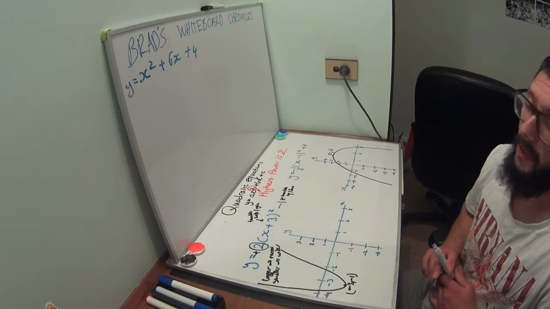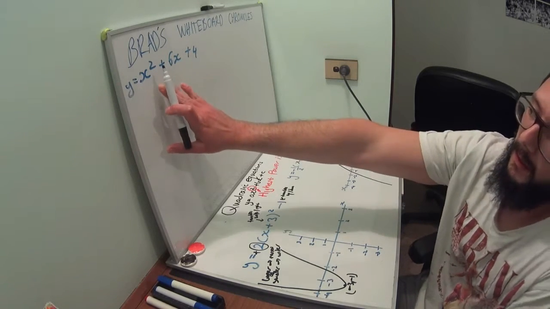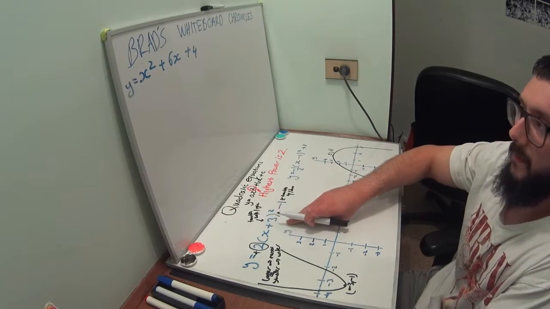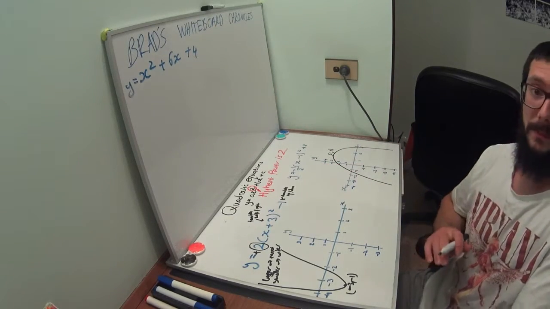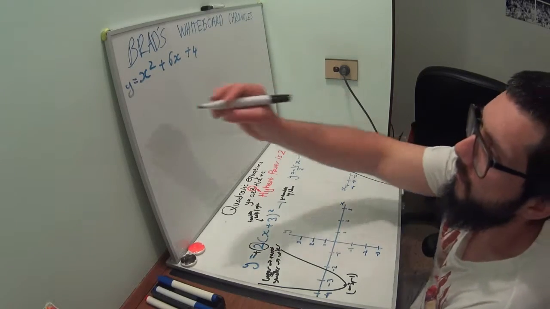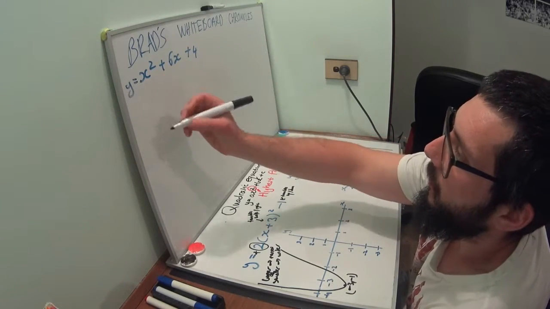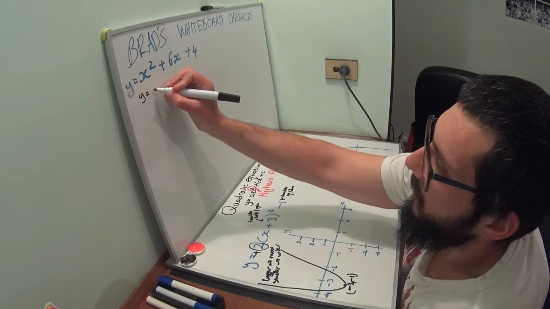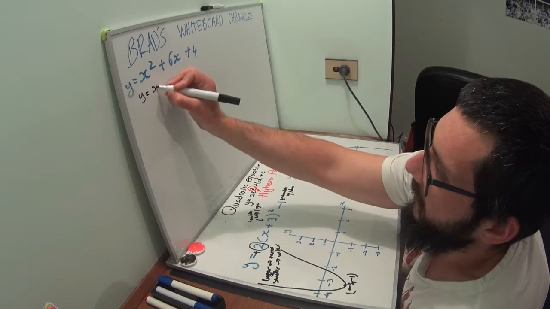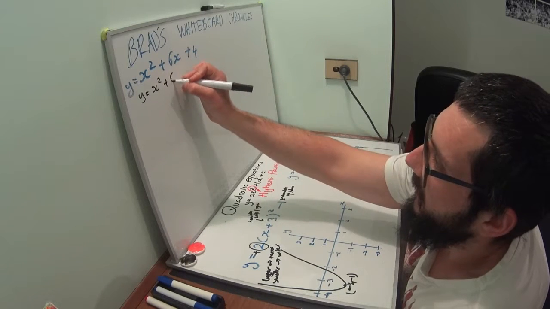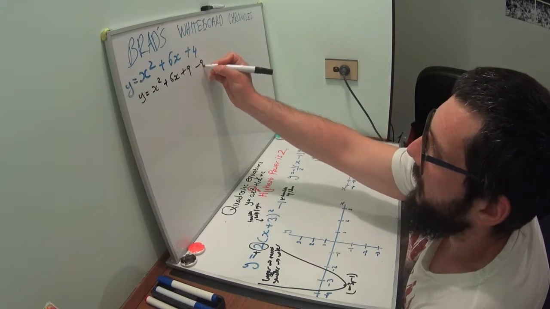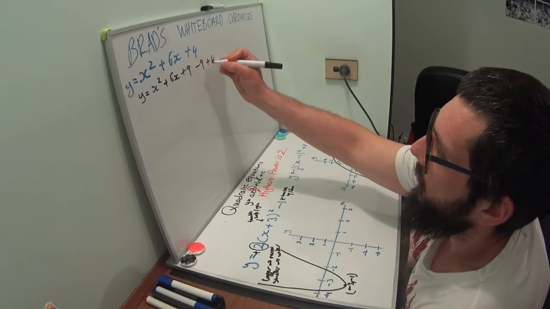So knowing that, what we're going to do now is complete the square on this equation, get it into this form here, and then plot it. So if I was to complete the square on this equation, that's the same as me writing y equals x squared plus 6x plus 9 minus 9 plus 4, right?